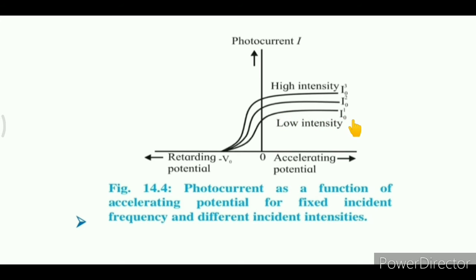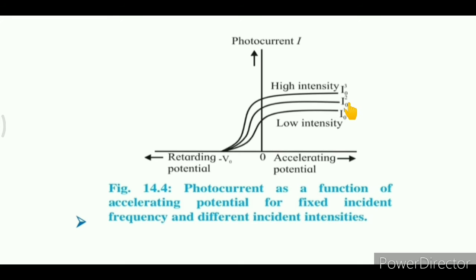Next, you can observe that by taking another value of the incident intensity, for example a second intensity increased from the previous one, the same experiment is repeated with this incident intensity kept constant, and the threshold frequency we have chosen also kept constant.